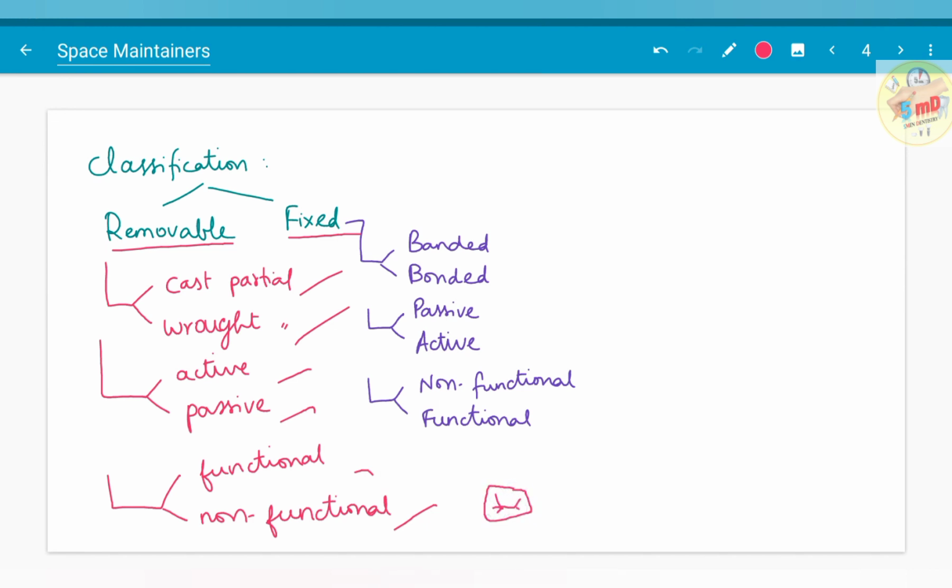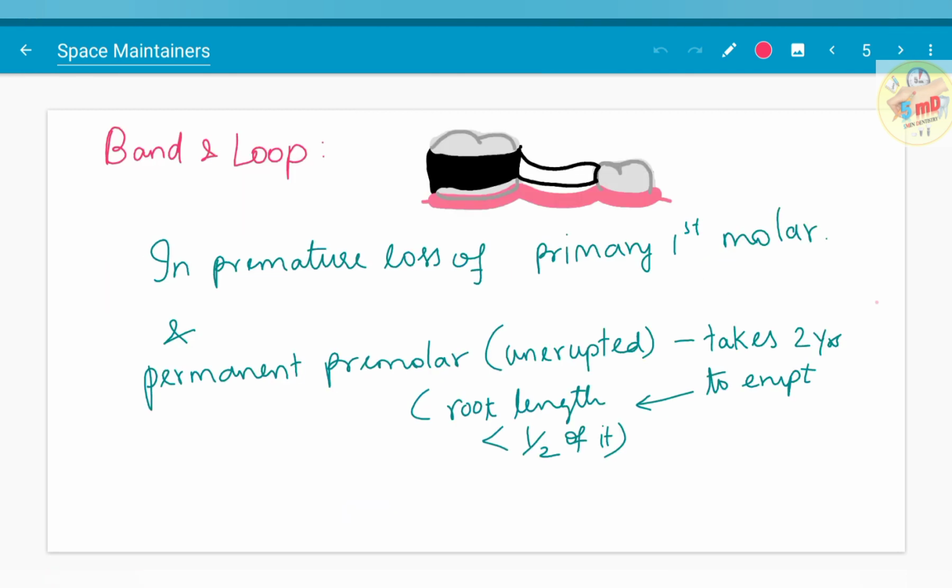And fixed space maintainers are classified as banded appliance or bonded appliance, passive or active appliance, functional or non-functional appliance. Today we will see about five major fixed space maintainers, first being band and loop.